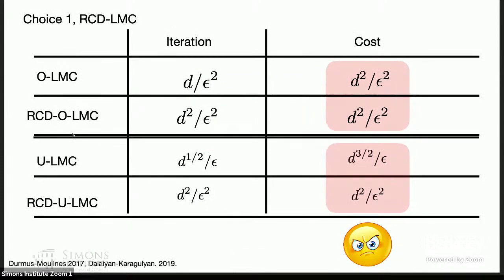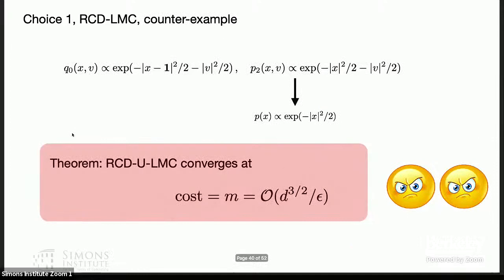This is a result from the overdamped to the random coordinate descent overdamped. The D dependence and epsilon dependence didn't change. Similarly, from underdamped to the random coordinate descent underdamped, the D dependence and epsilon dependence is even worse. You can argue that getting an upper bound is easy, right? You just do a fuzzy job. But you can find a counterexample that shows this random coordinate descent version of underdamped is really just bad.